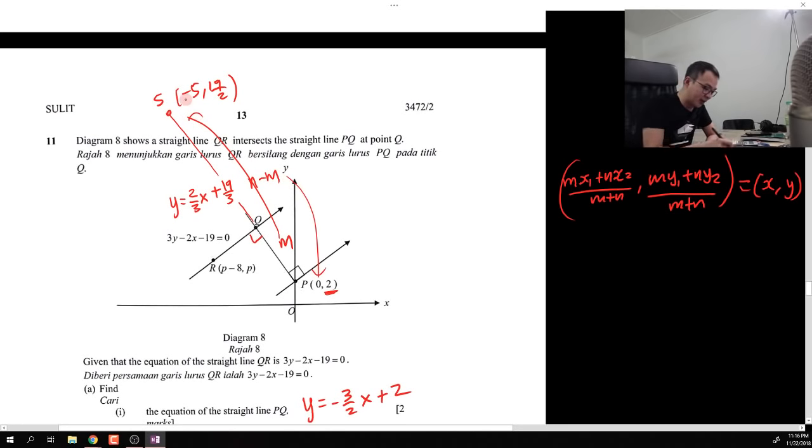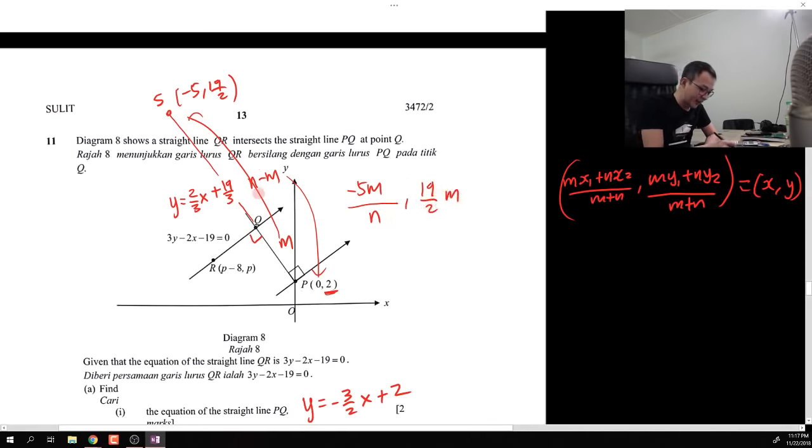So this one, m multiplied by negative 5 is negative 5m. And n minus m multiplied by 0 is just 0, over these two added together. So if this one plus this one, you basically get n only, right? N minus m plus m, you got this one, comma. I can do the same thing for the y value. M multiplied by this one, I get 19 over 2m.